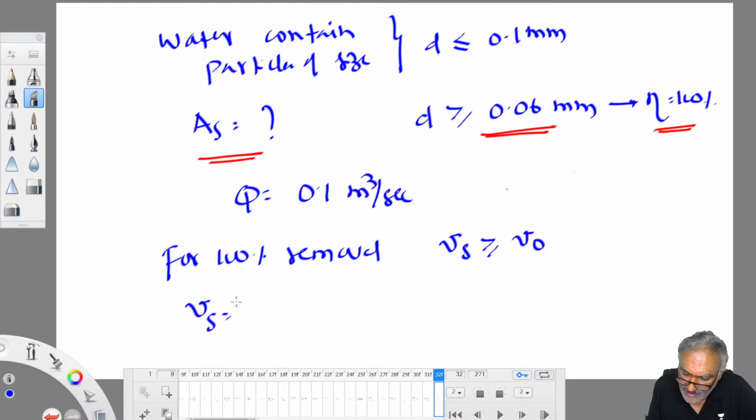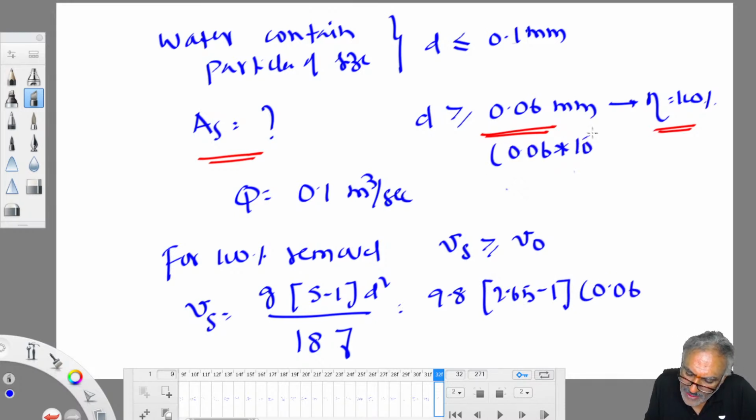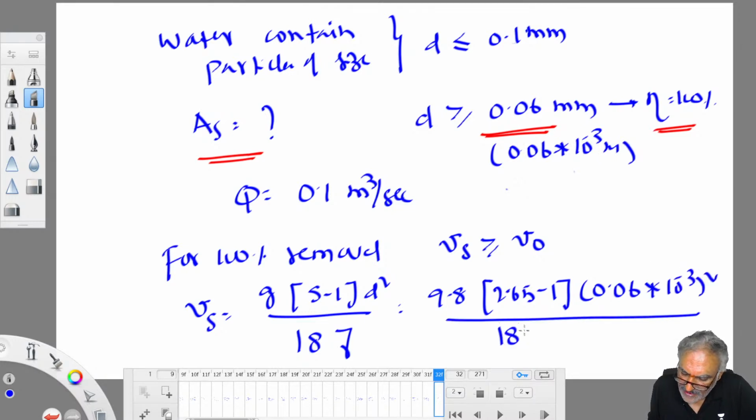So I will calculate Vs. Vs is equal to g into (S minus 1) d square by 18 nu. As given, g value is 9.8, specific gravity is 2.61. Diameter 0.06 mm, that is 0.06 into 10 power minus 3 meters, whole square, by 18.